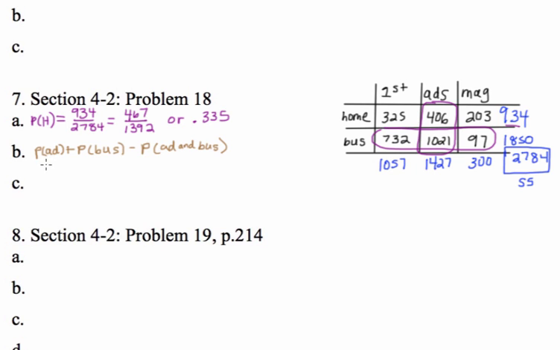These are not mutually exclusive, there's overlap. So if we take the probability that you're an ad, 1427, plus the probability that you went to a business, 1850, and subtract off the overlap. There's the overlap, 1021.